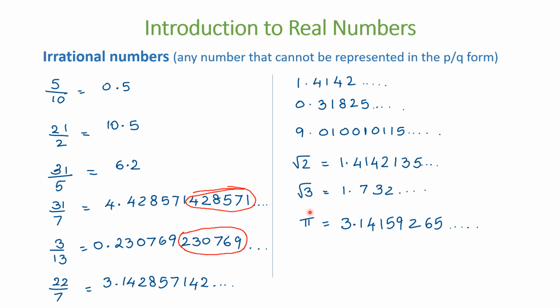So root 2, root 3, pi, these are all irrational numbers. So those numbers which are neither terminating nor recurring become the irrational numbers. So in the previous slide we had done that all numbers which are terminating or recurring are called rational numbers, and those numbers which are neither terminating nor recurring will become the irrational numbers.